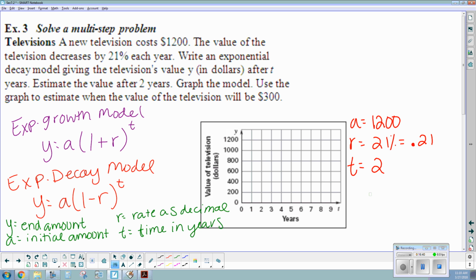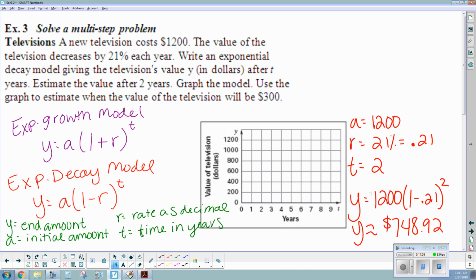And our time is 2. We're looking for it after 2 years. So then y equals 1,200 times 1 minus 0.21 to the second power. And we get y equals $748 and 92 cents. So we can graph that.